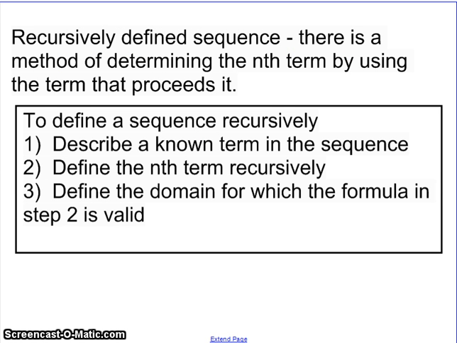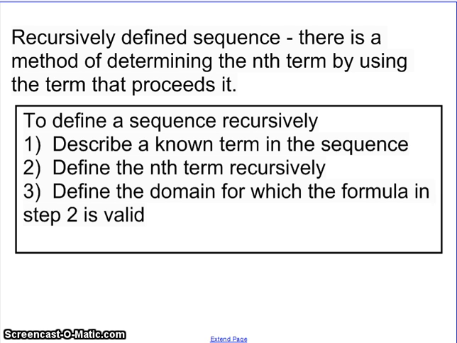Recursively defined sequence. Okay, well, what does it mean that a sequence can be recursively defined? That means there is a method of determining the nth term by using the term that precedes it. Okay? There are 3 steps to defining a sequence recursively. You have to describe a known term in the sequence.